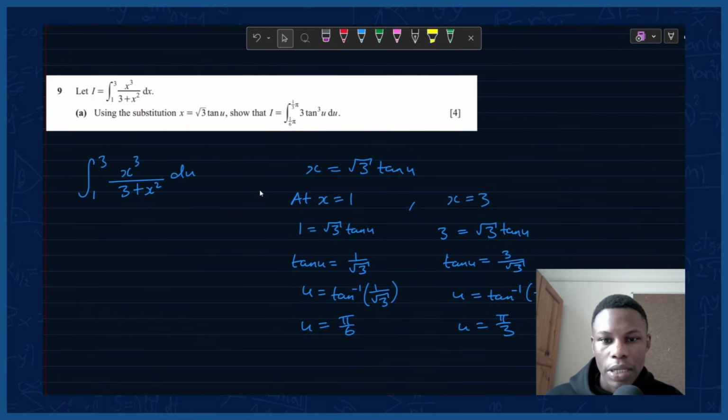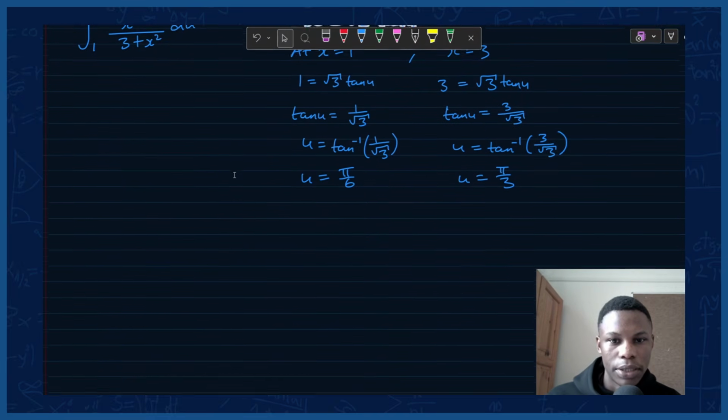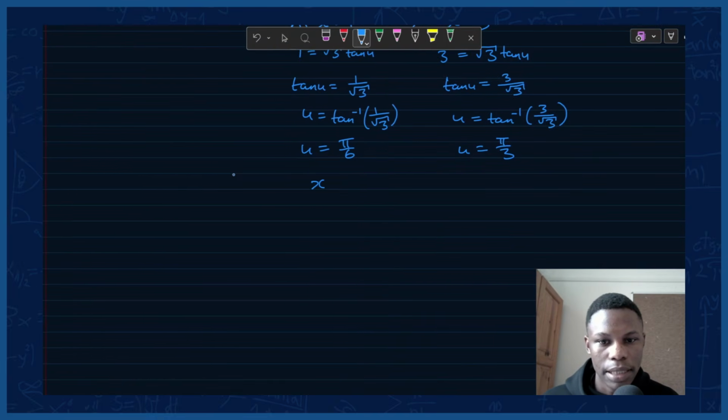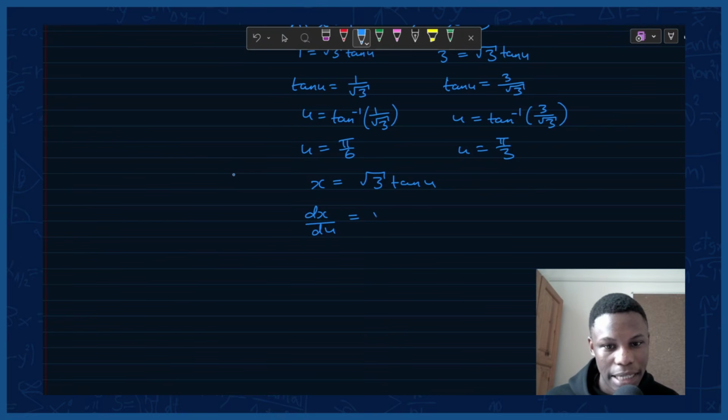Okay. So now we need to differentiate our substitution. So we've got x is root 3 tan u. So we're going to differentiate x with respect to u. So dx du. That's equal to root 3 times the derivative of tan. If you differentiate tan, you're going to get sec squared.